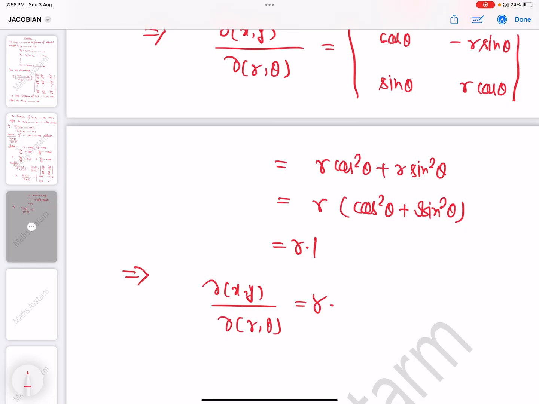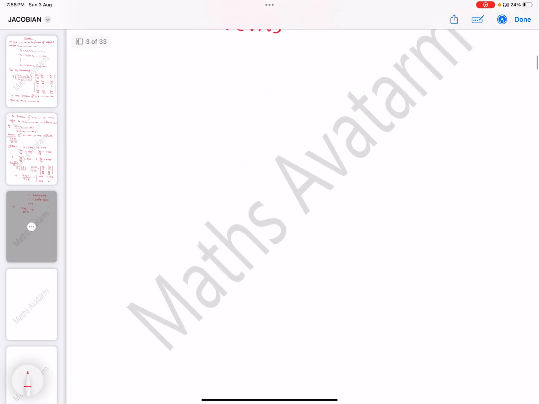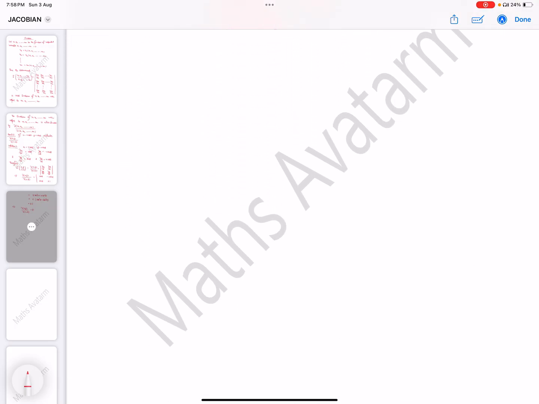Now note, x is equal to r cos theta and y is equal to r sin theta is given.